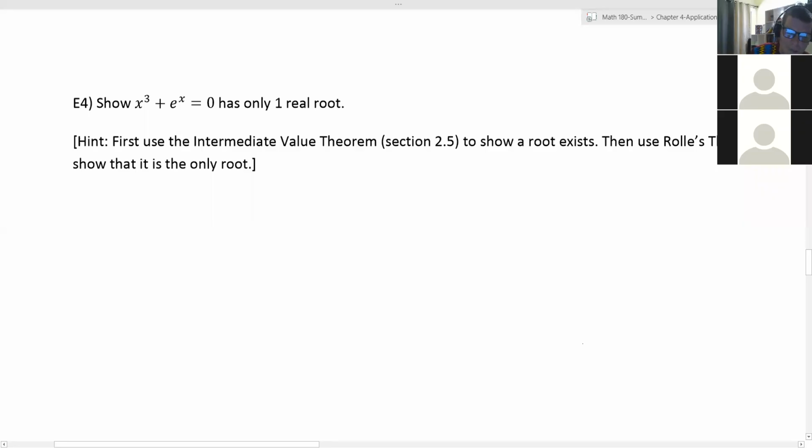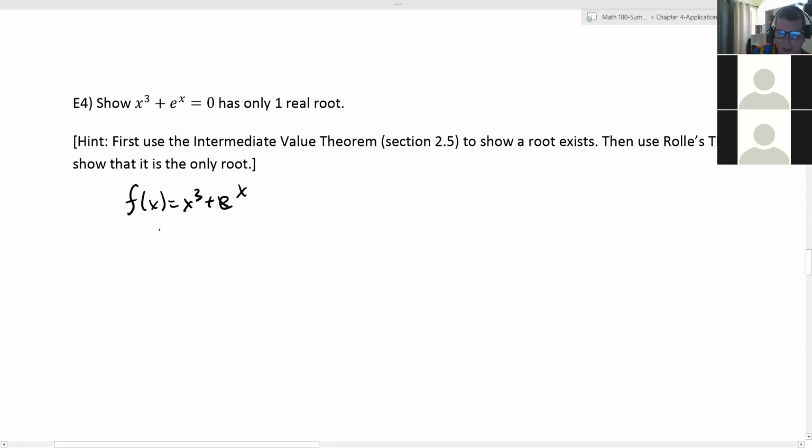If we choose an interval, and we know that f is continuous, so we set up f of x equals x cubed plus e to the x.